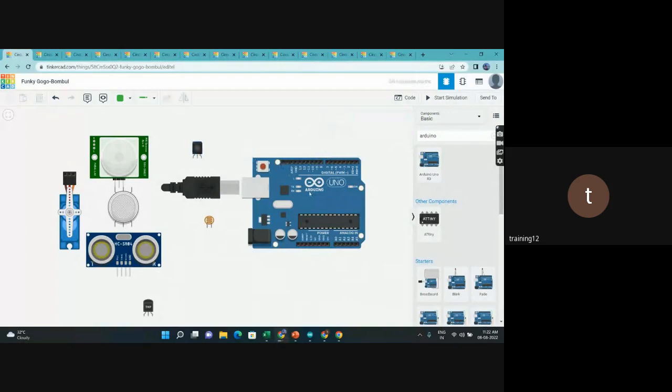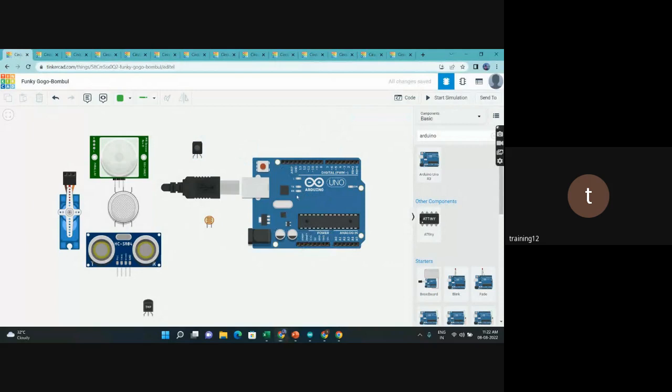Pins 2 to 13 are the digital pins, and 1 and 0 are the RX and TX pins. I have already told you about these pins.